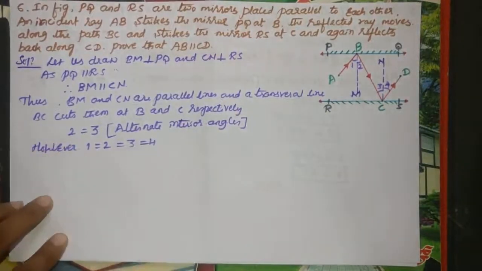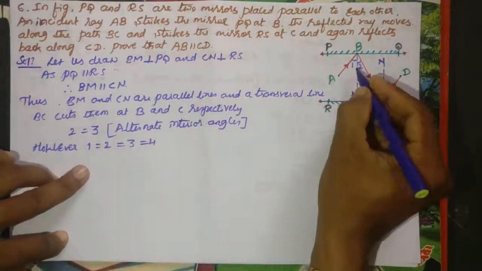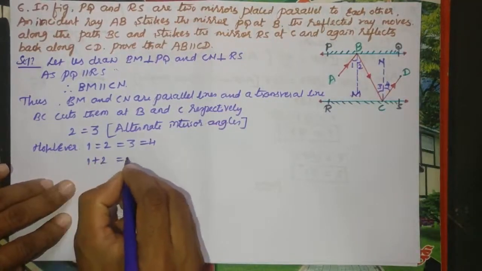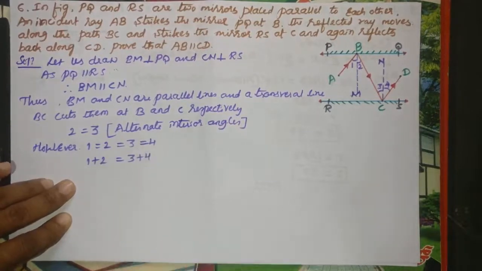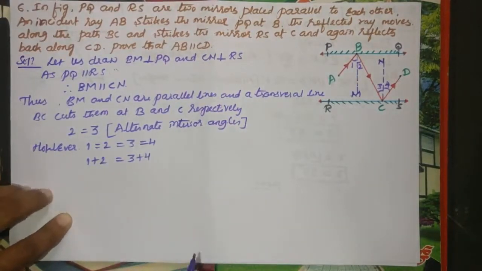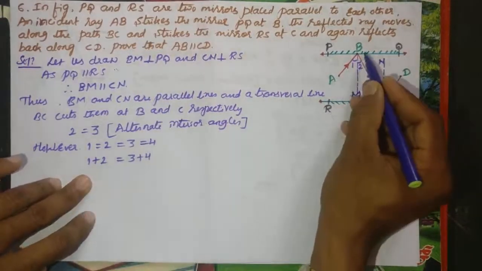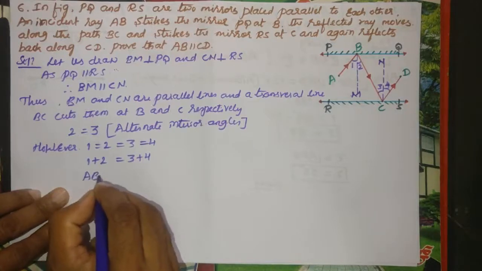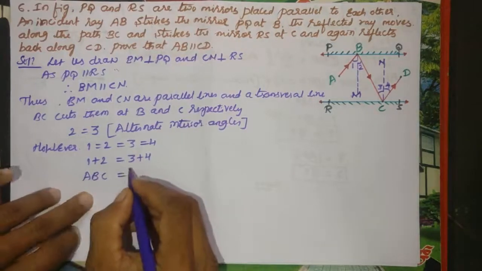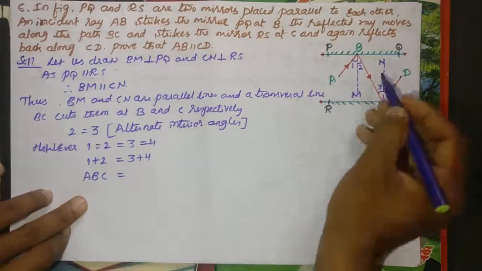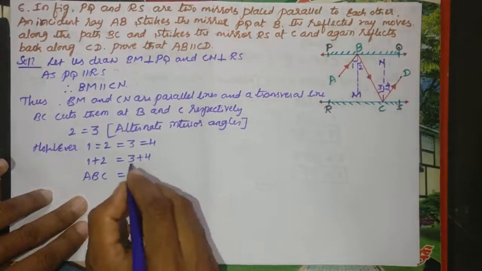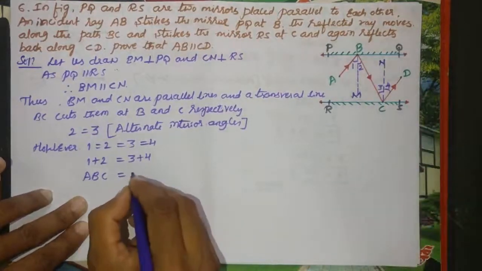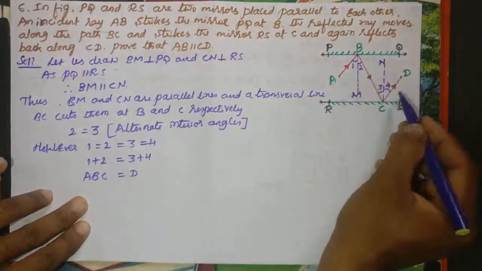Also, 1 plus 2, that is angle ABC, is equal to 3 plus 4, that is angle BCD.